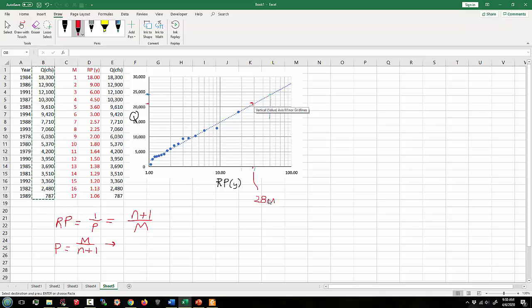And notice that if this is the return period for a peak annual discharge of 21,000 cubic feet per second, we could equivalently say that a peak annual discharge of 21,000 cubic feet per second is equaled or exceeded with a probability of 1/28th.